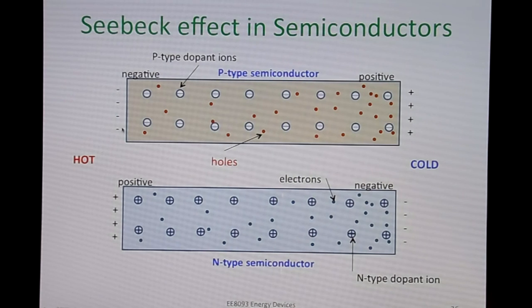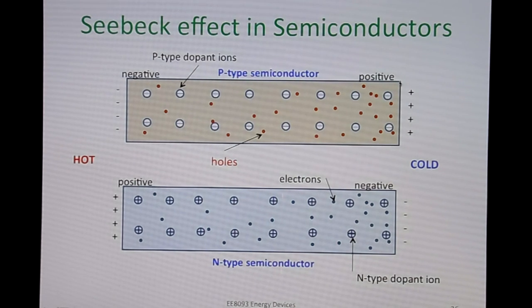Now let us consider connecting the left hand side, or the hot side, of the p-type semiconductor to the left side of the n-type semiconductor. In other words, we simply connect these two sides by an electrical short.